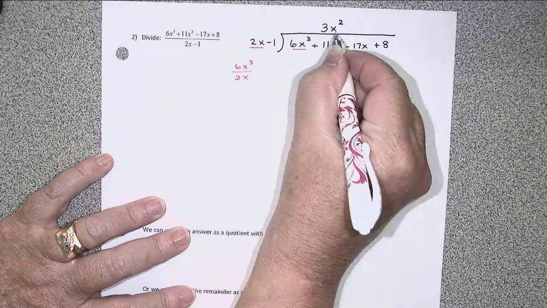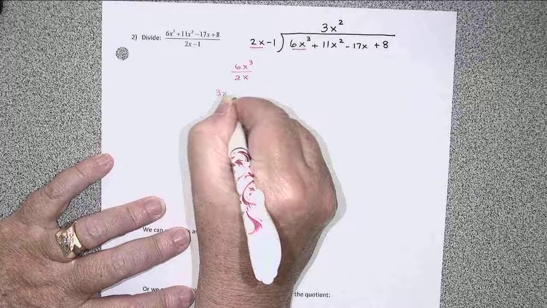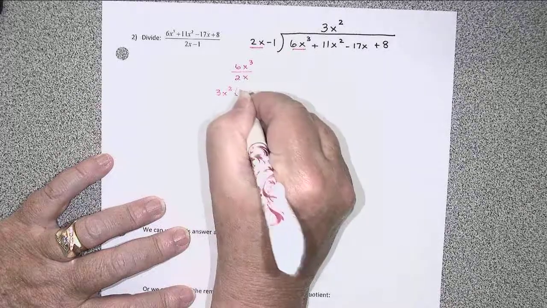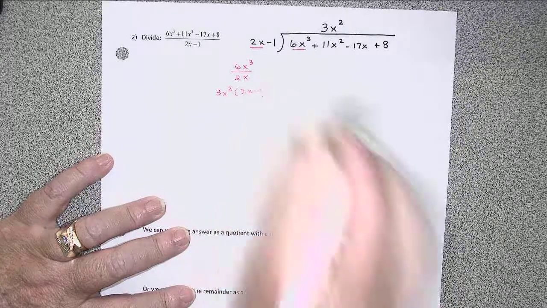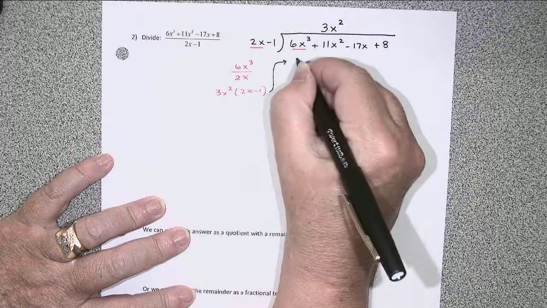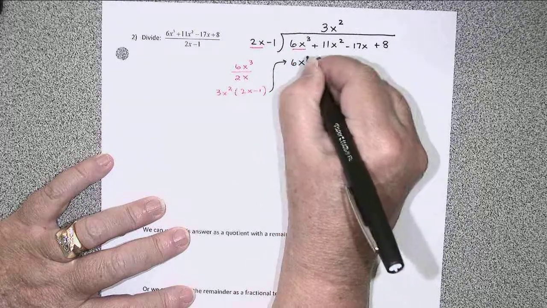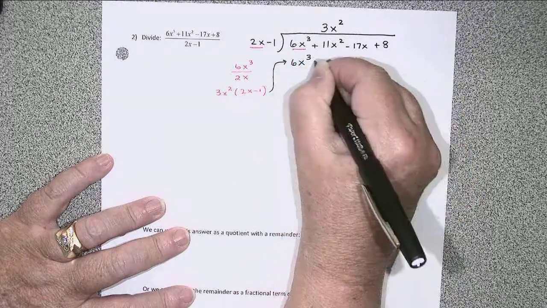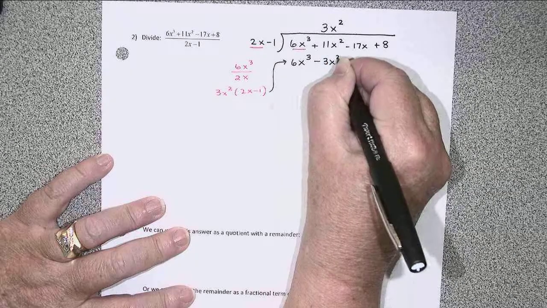All right, we'll take our 3x squared, and we'll multiply it by 2x minus 1. And I'm going to put that right here. 6x to the third minus 3x squared.